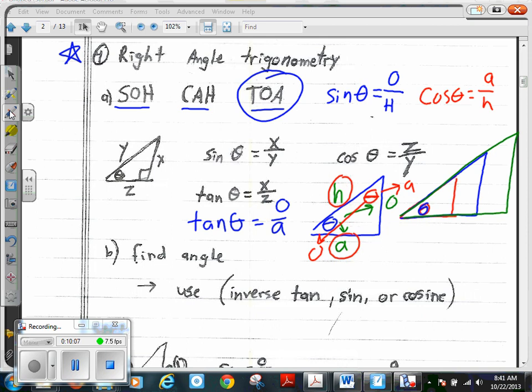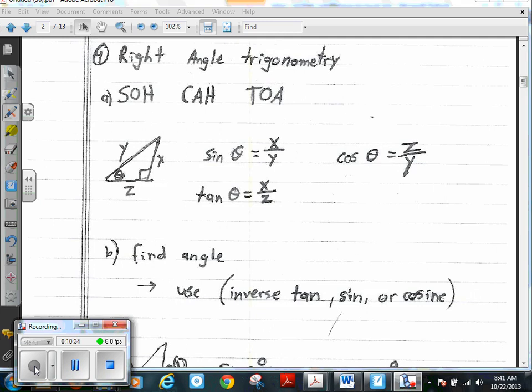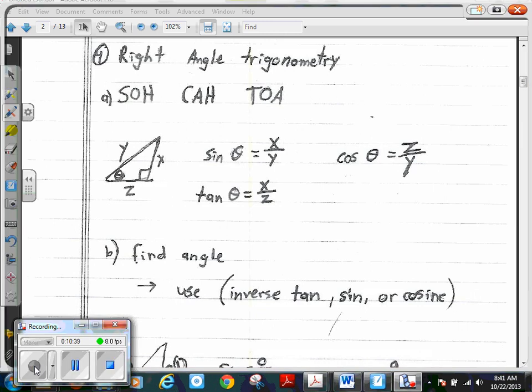Okay, so with that then, we can start to see how this trigonometry works, since the ratio is always the same. When I was in your seats, there was a table in the back of the book that would give you ratios for angles. But now your calculators have it in there, you just have to tell it to do it. So how would we use this? I'll show some examples here in a bit, but I want you guys to make sure that you find your cosine, sine, and tangent buttons on your calculators.